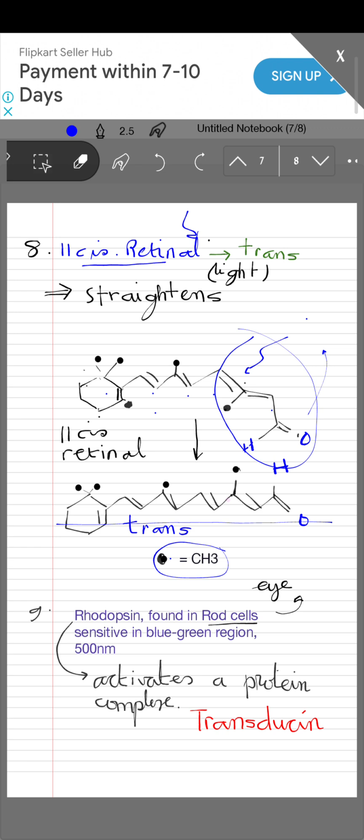This rhodopsin found in the rod cell is sensitive to blue-green light, which is around 500 nanometers, and this process of straightening activates a protein complex called transducin.